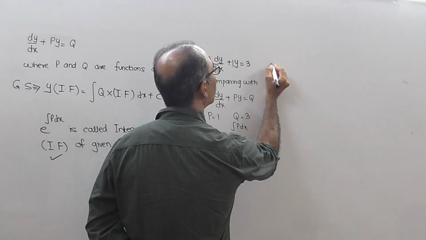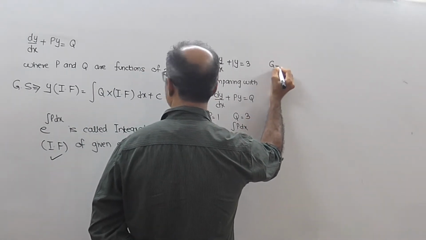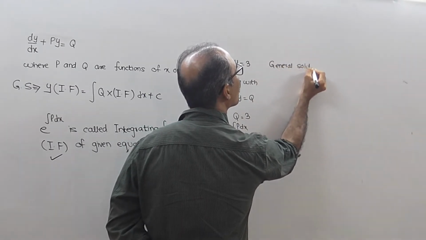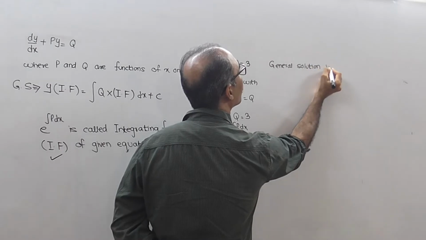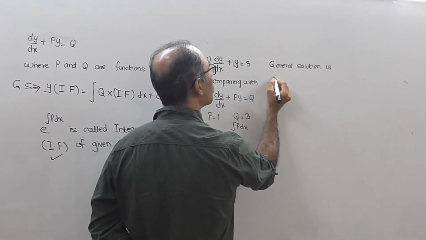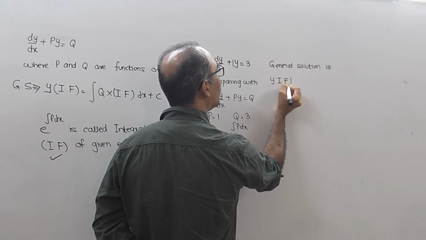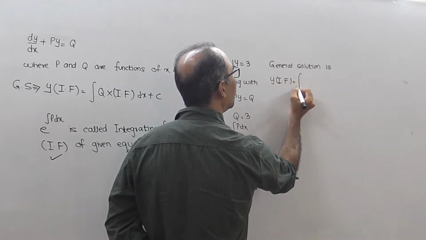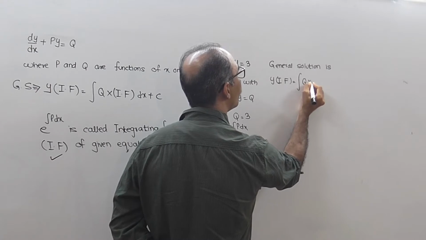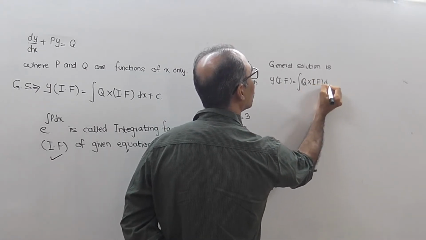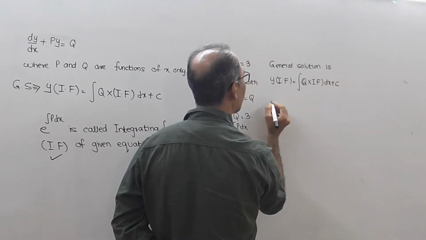Now the general solution is y multiplied by integrating factor equal to integration Q into integrating factor dx plus c.